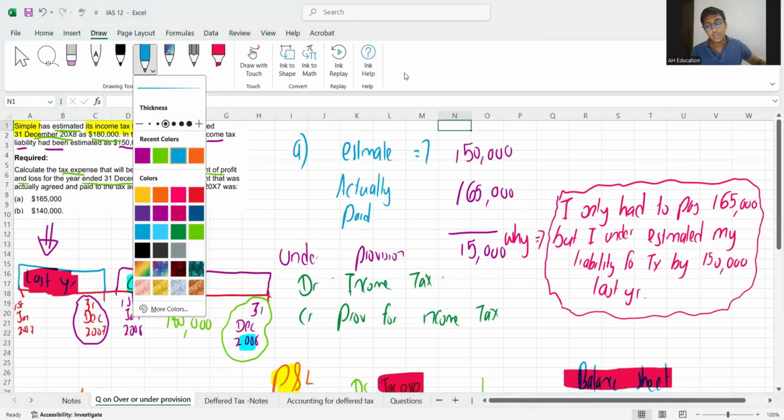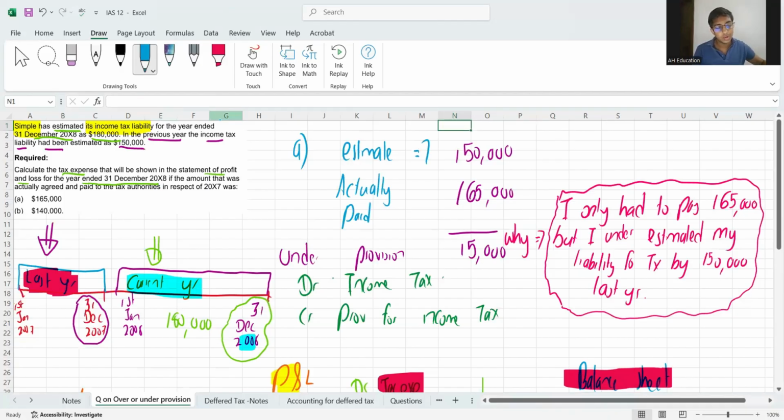Now in this year, they estimated that your income tax liability was 150,000. And also we know, even though we estimated on 31st December 2007, the actual payment will not be made on 31st December 2007.